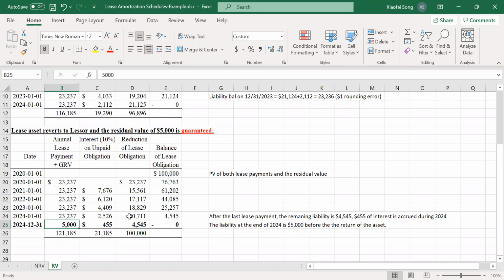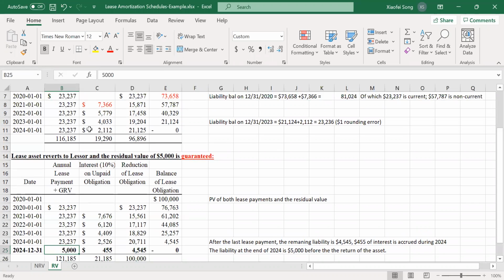Okay, so when the asset is returned, this 5,000 is not a payment, rather it's the returning of the asset. And if the returned asset has value less than this amount, then a payment needs to be made. But that's not shown on this guaranteed residual value amortization table. That only shows the residual value. So that's why this amortization table has one more row than the other one. That one ends at the beginning of the last year.